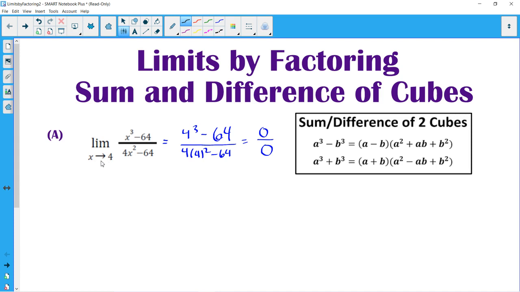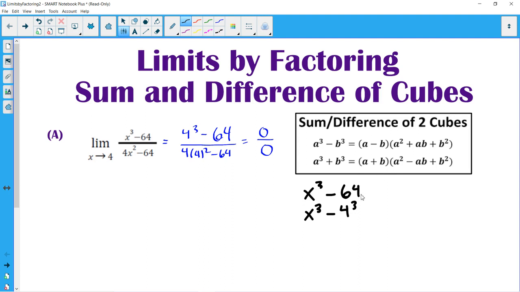So you might ask, how do I know that? If you look at this top part over here, the x cubed minus 64, what we have there is a cube subtract another cube. In fact, 64 is 4 cubed. So x cubed minus 4 cubed. That's where the name difference of cubes comes from.